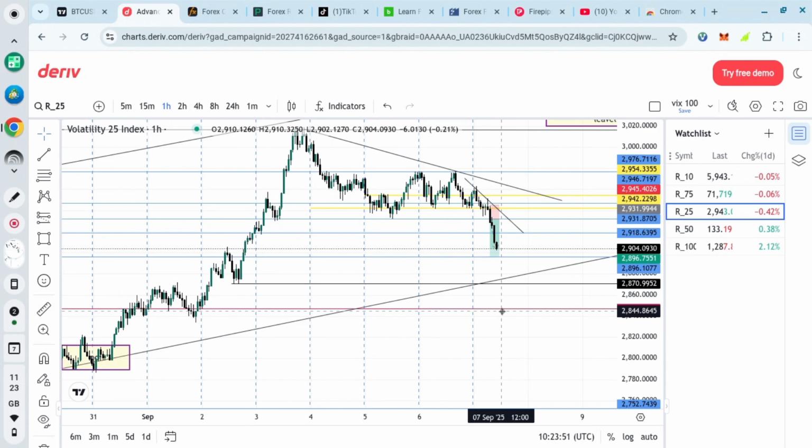So let me go to my 15 minutes. In this 1 hour, you also look for a level. You don't just put a level. You need to look for a level that is a break and retest. You can see this one break, come back to retest and go up. It's what you can actually figure out by yourself.